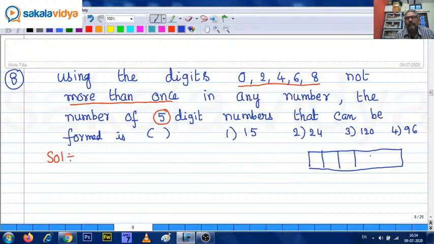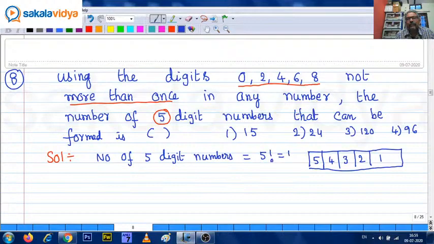This can be filled 5 ways, 4 ways, 3, 2, 1. This is actually 5 factorial, which is equal to 120. This is 5P5 or 5 factorial.